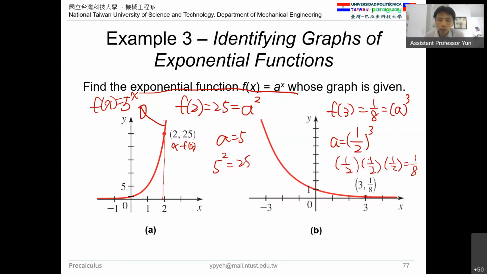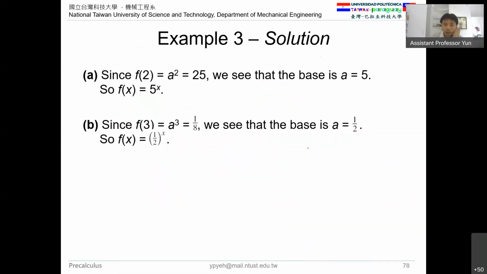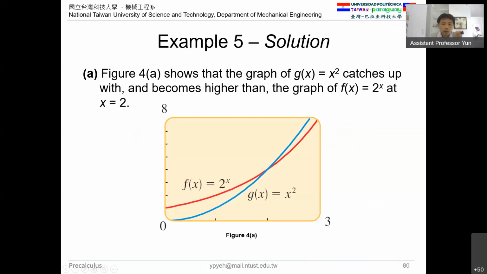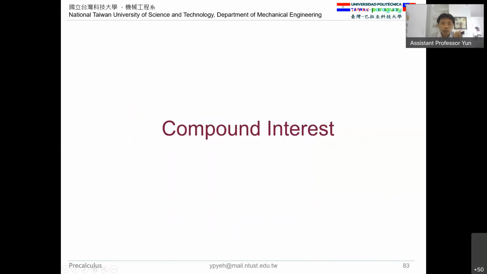So this function is f of x equals 1 divided by 2 to the x. That's what we find here.